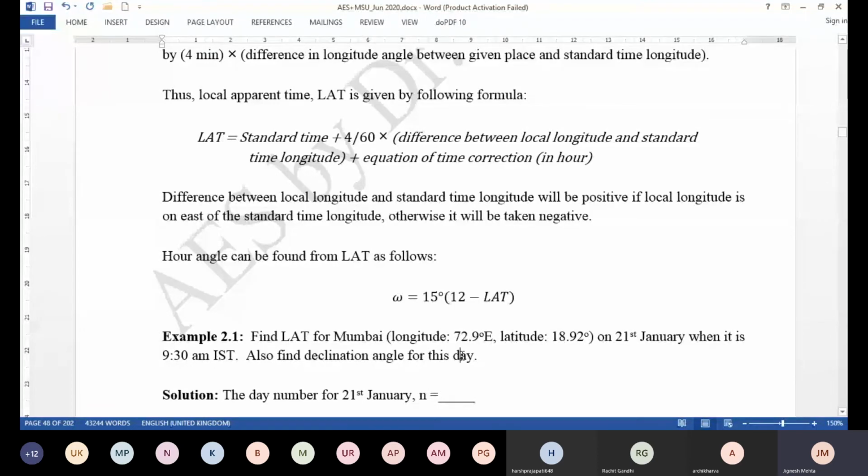So let's first try and get the declination angle. What is the formula? Let me go back to that formula. And what is the day number? Day number is 21. So only with the help of this, you should be able to get the declination angle for that day.